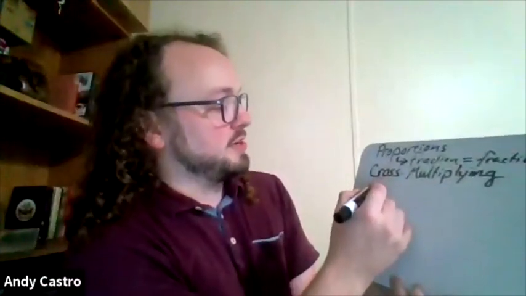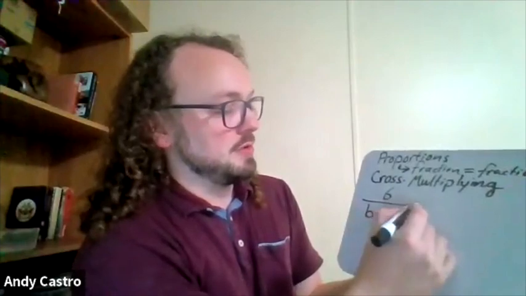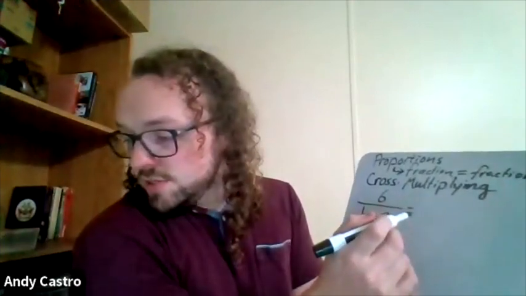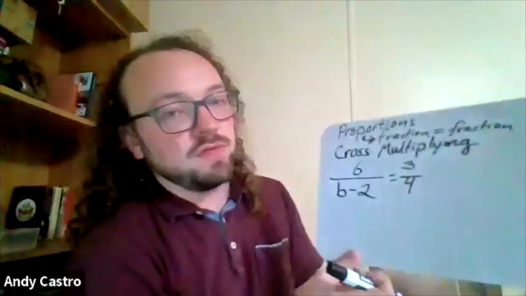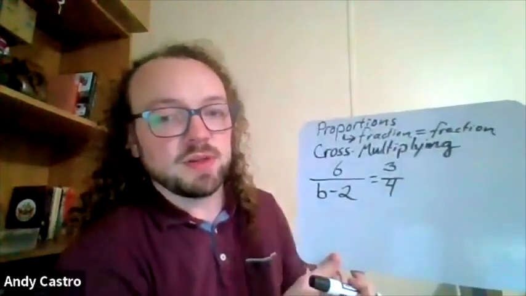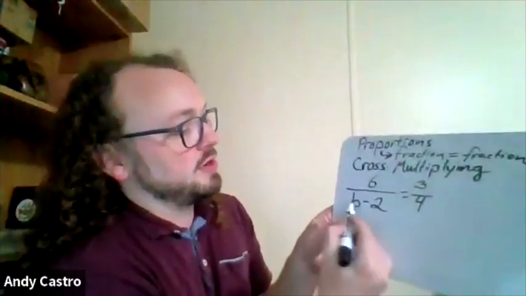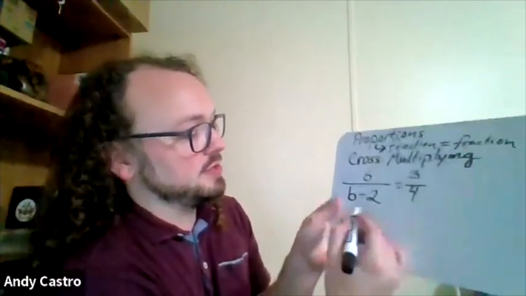Let's do another similar problem like that. Trying not to pick all the same numbers all the time. 6 over b minus 2 equals, checking to see if we have negatives that you need to deal with right now, we'll just go 3 over 4. Right, so I'm going to cross multiply this way.